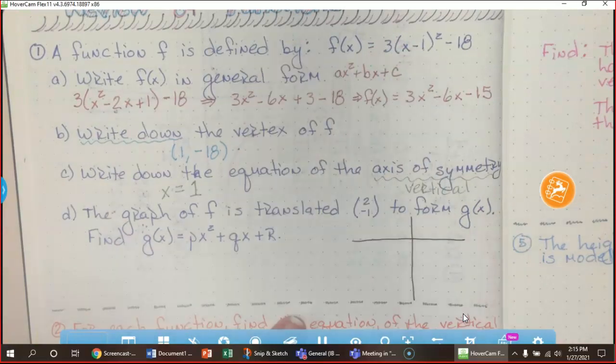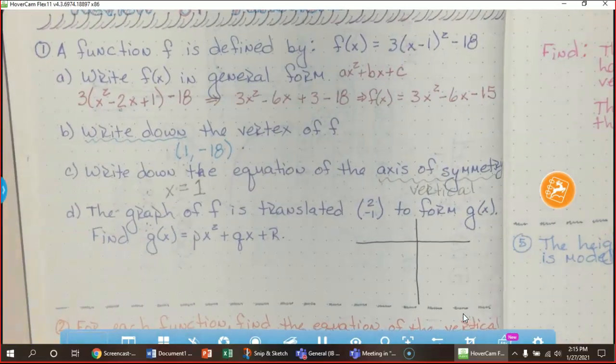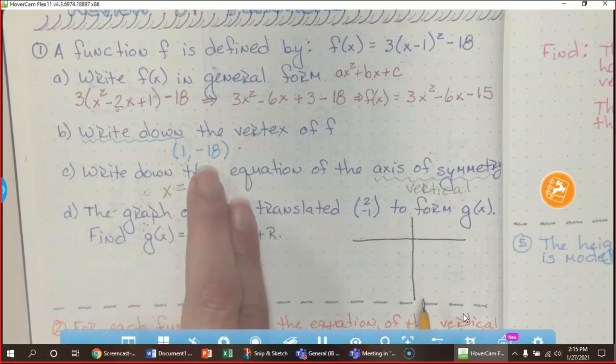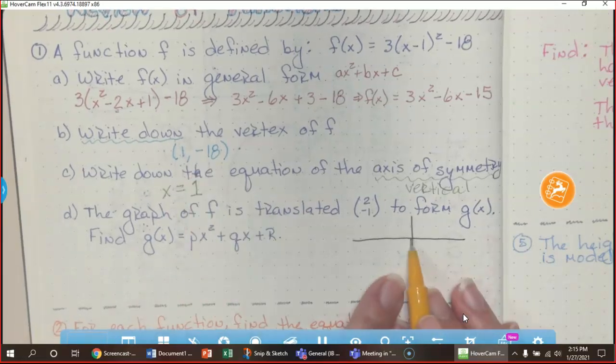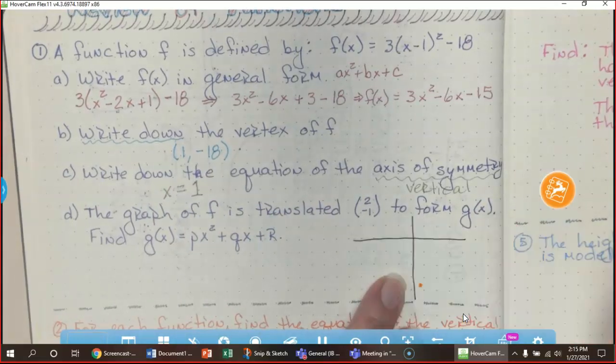The original one, is it a happy parabola or a sad parabola? It's a happy parabola, right? Do we know where the vertex of that parabola is? We do. Do we know where the axis of symmetry is? Yes. So where's my vertex? Go to the right 1, down 18, right there, right?